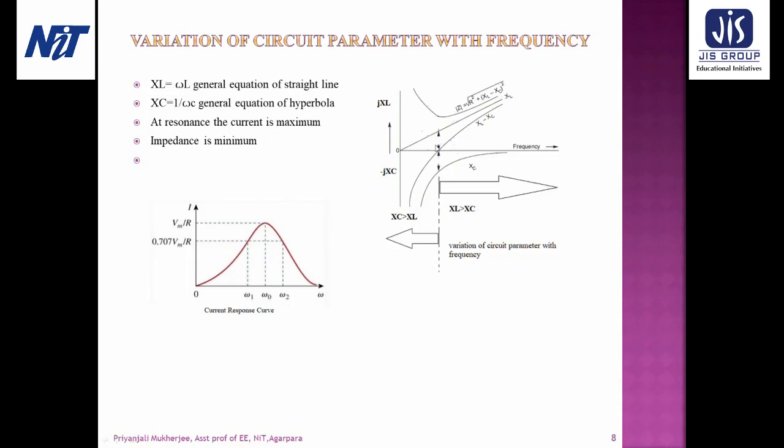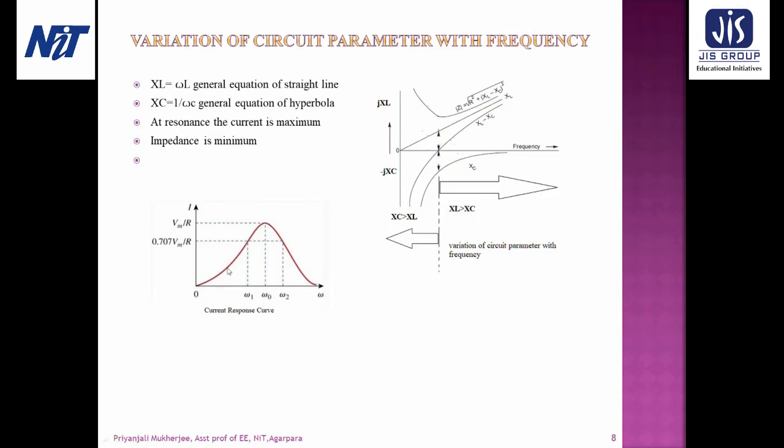Above the resonating frequency, the XC value is much less than the XL, so XL is greater than XC, and above this frequency it acts as an inductive circuit, whereas at resonance it acts as a purely resistive circuit.